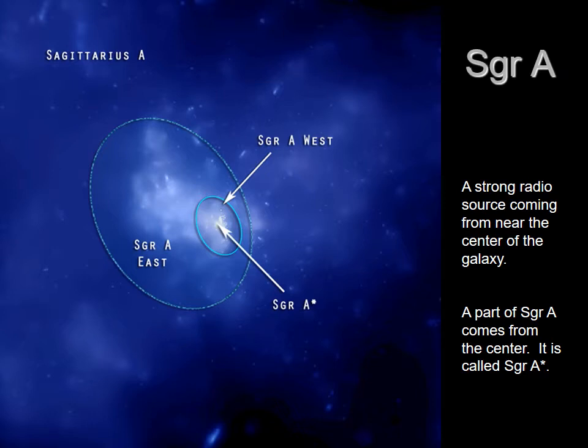And so last time I introduced the idea of the radio signals that are coming from the core of the galaxy. Sagittarius A is this collection of radio sources near the core of the galaxy. It's divided into Sagittarius A East, Sagittarius A West, and part of Sagittarius A West is Sagittarius A star, and that's really what's marking the center of the galaxy.